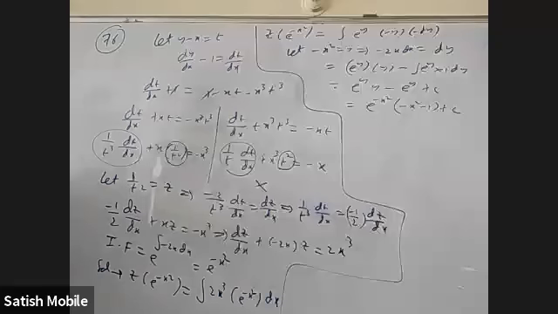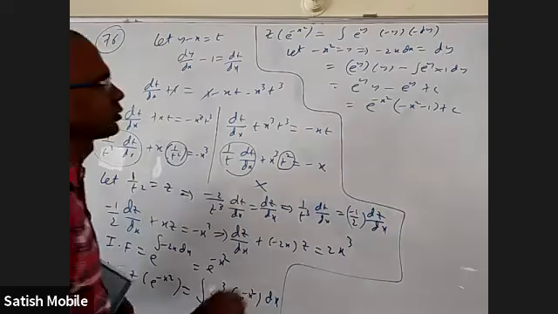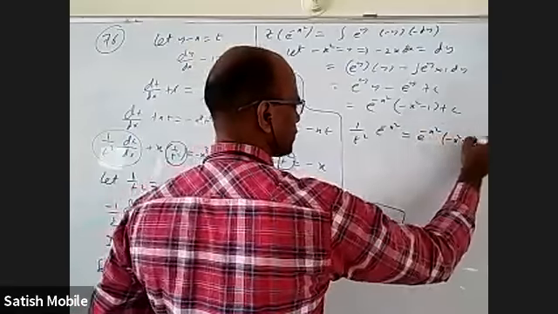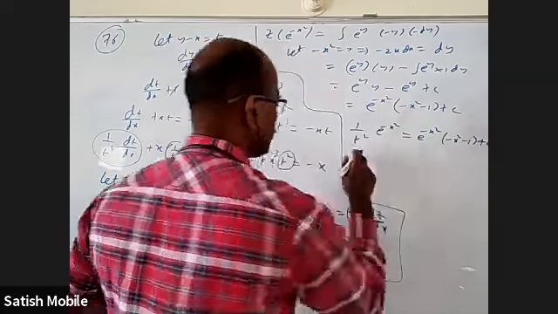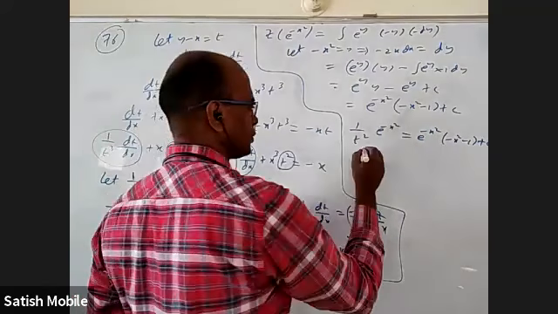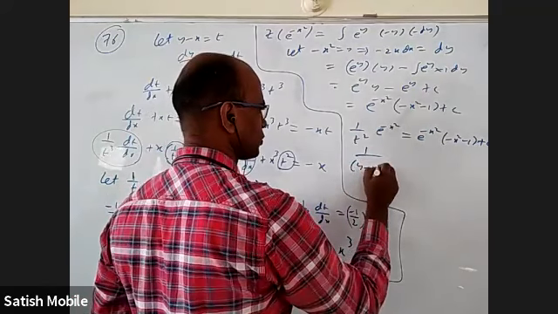Coming to z, what is my z? 1 by t square. So 1 by t square times e power minus x square equals e power minus x square into minus x square minus 1, plus c. And what is t? First of all, t itself is y minus x. So 1 by y minus x whole square.